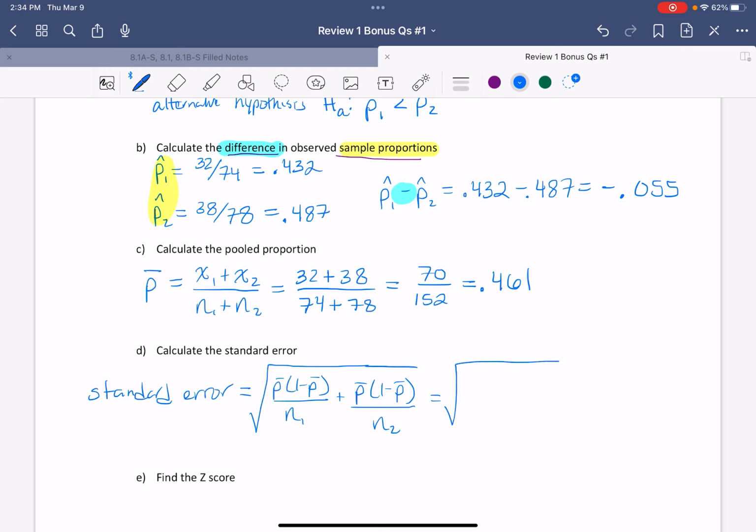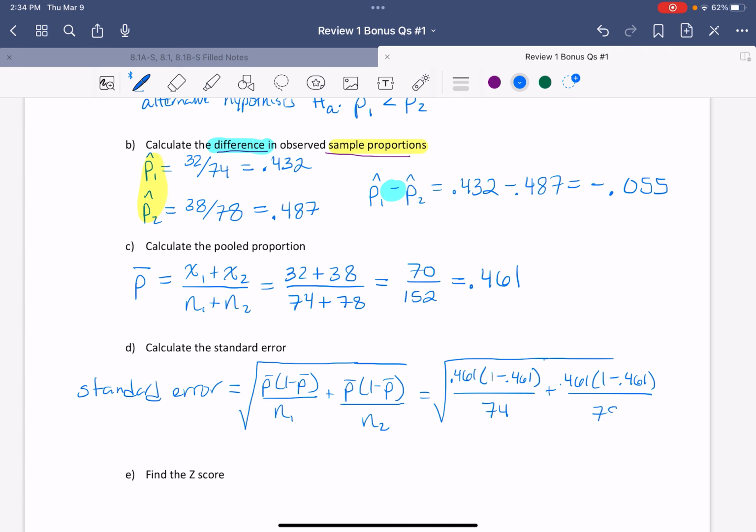So you have the square root of 0.461 times 1 minus 0.461 all over the first sample size, 74, plus 0.461 times 1 minus 0.461 all over the second sample size, which was 78.